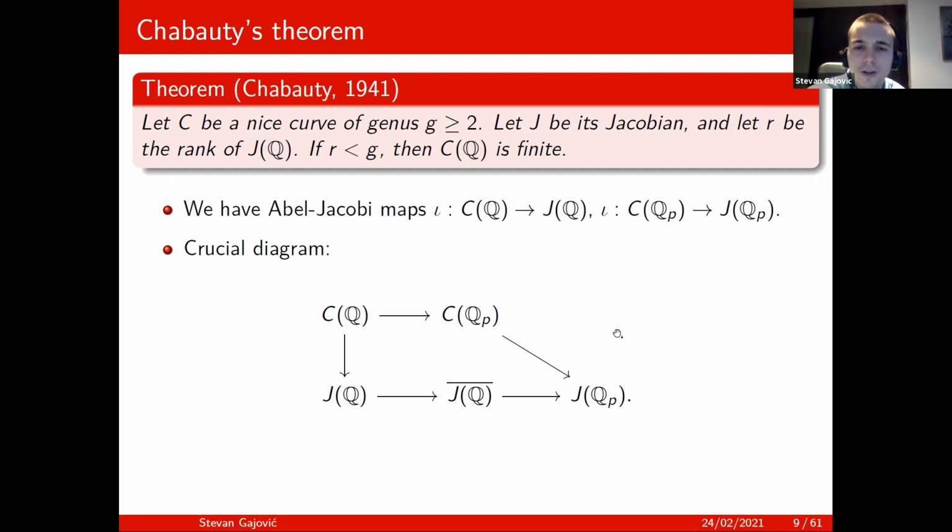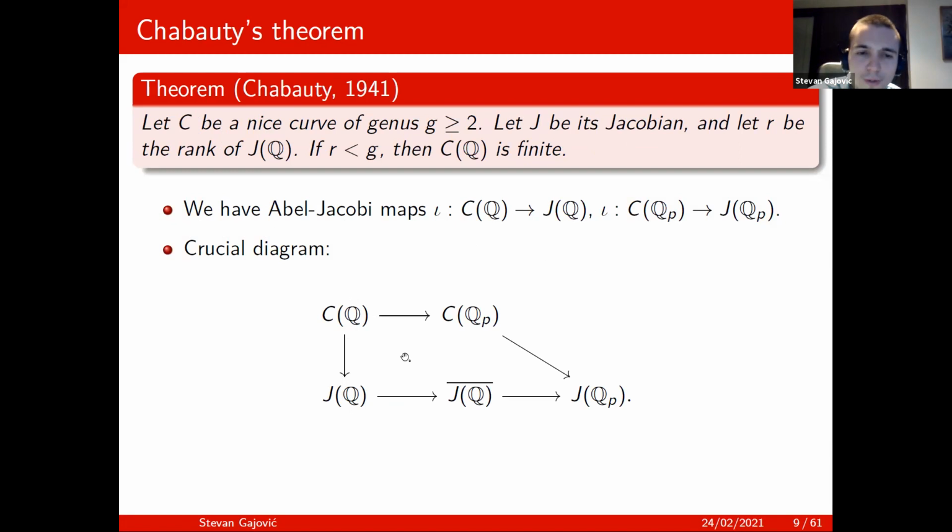And here I want to point out the heuristics, or where is it? Okay, then maybe we can see the diagram. So we start with rational points on C, and then we embed them via the Abel-Jacobi map.